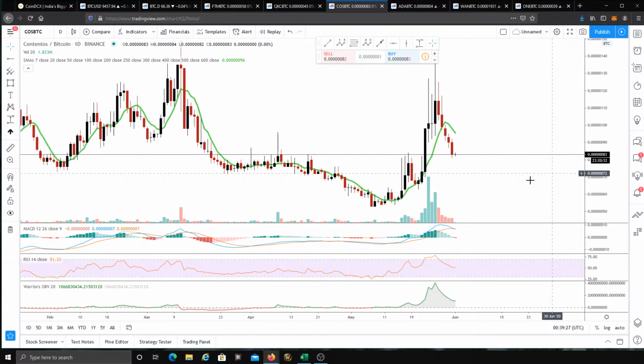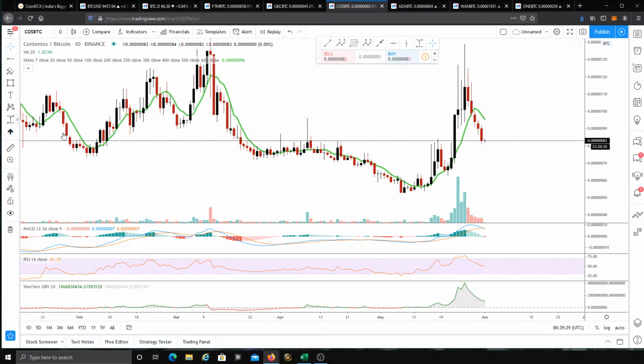Like look here. Look at Cosentos right here. If you bought late up here, near this top, and this dips, well that's 14% because that's a low sat coin. That may have psyched me out too if it didn't already liquidate me or whatever. But again, if I bought up here, look at the strong trend.